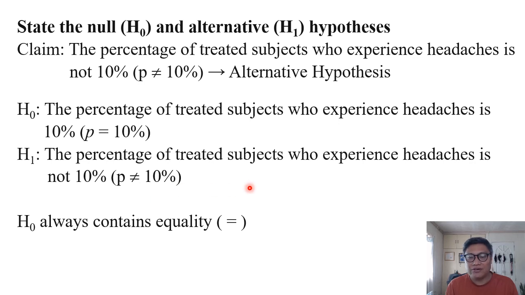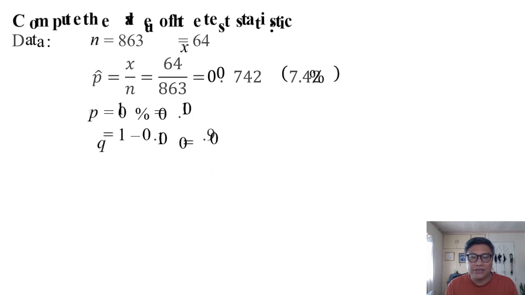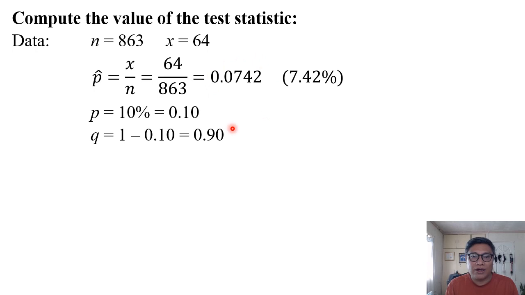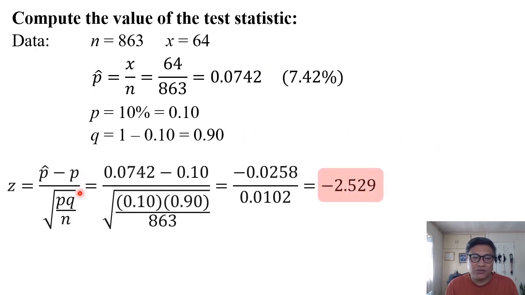Then, we are ready to substitute all the values, class, into the formula. So, going back to the data that we have, we are going to substitute it. Again, as I said, in your denominator, always round your answers up to 4 decimal places. Then your final answer should be 3 decimal places.